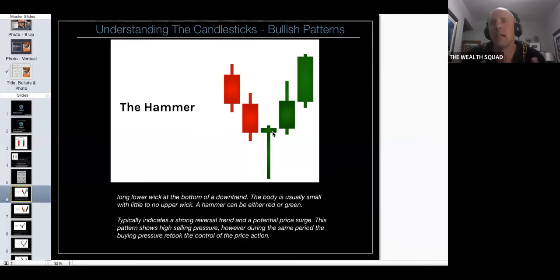It's risky if you do that, but the more advanced you get, you can better understand your risk that way. But usually you wait for the second or third candle to be a final confirmation before you enter.